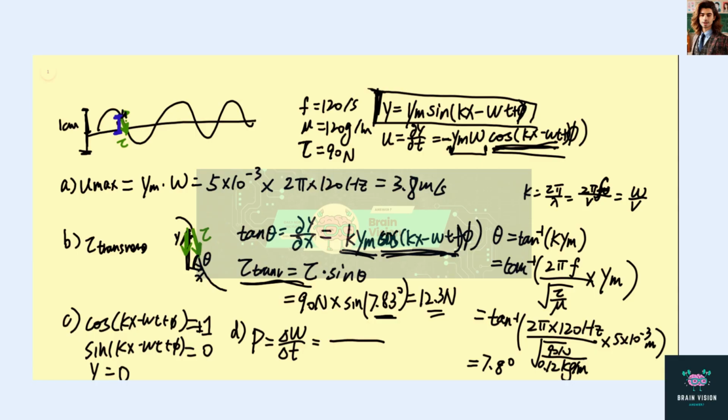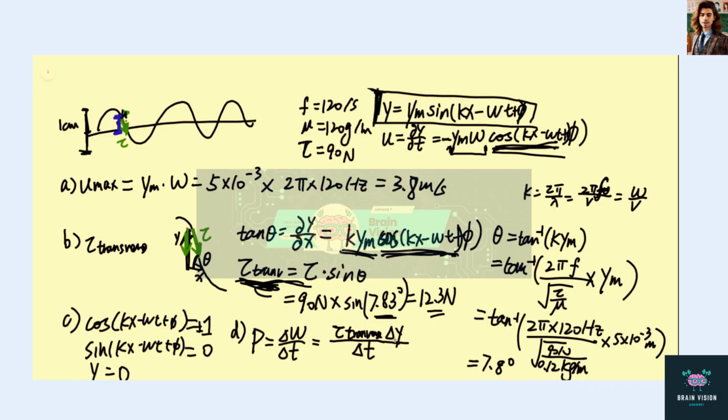The work could be one half m v squared, but it's easier since we already found the transverse tension, tau transverse. Force times distance is the work you do, and then over delta t.